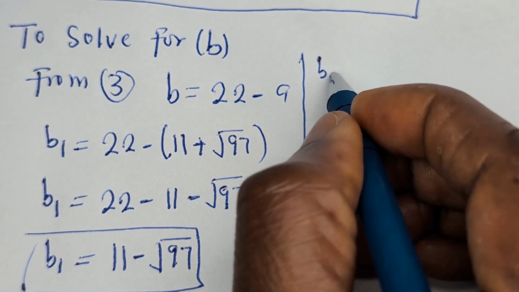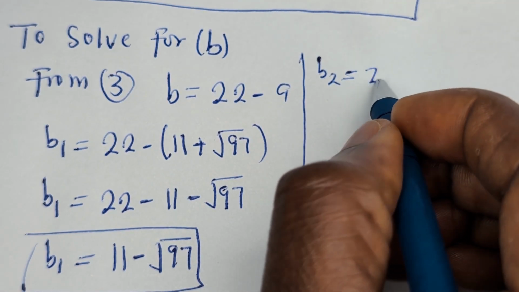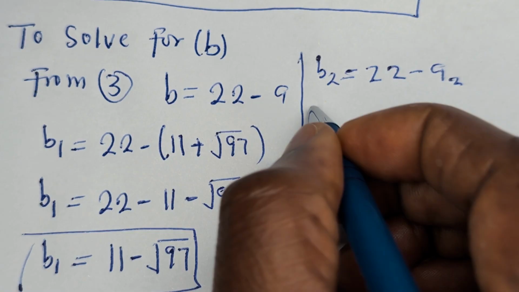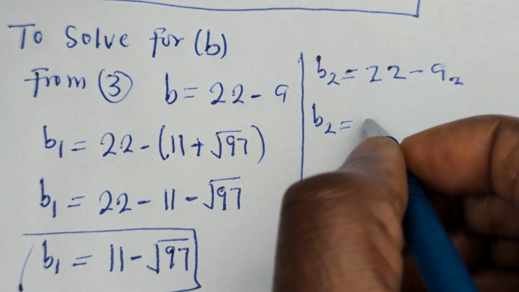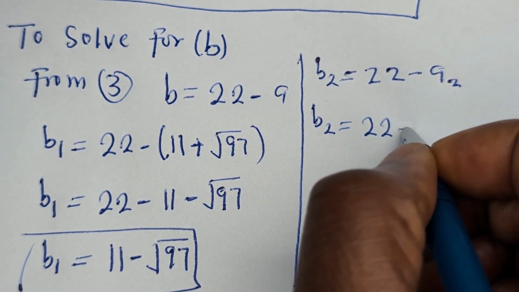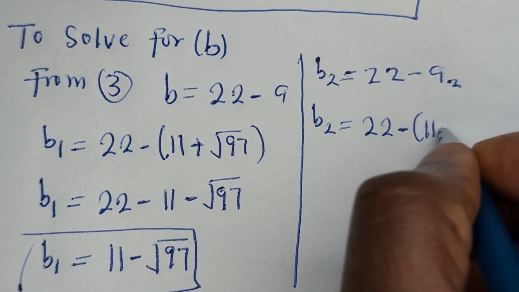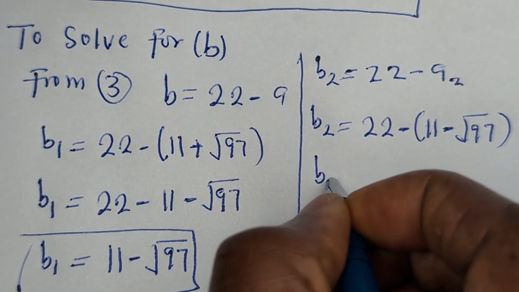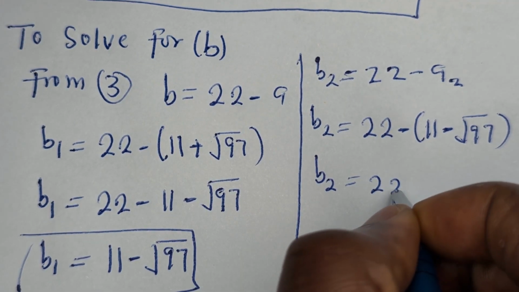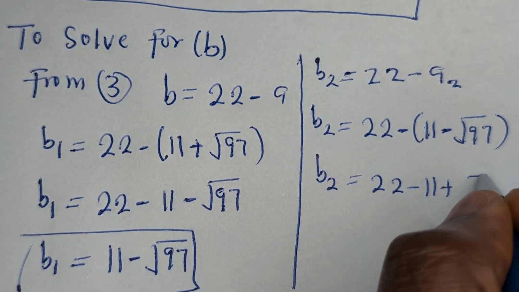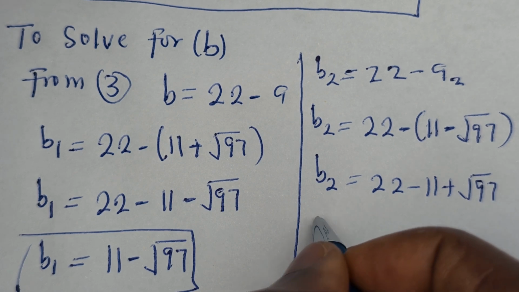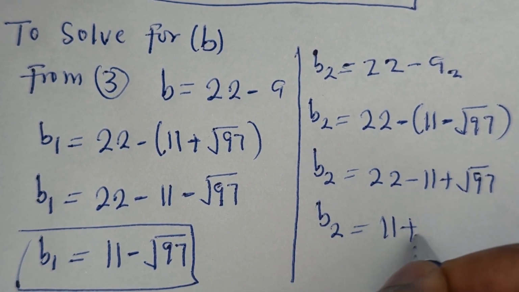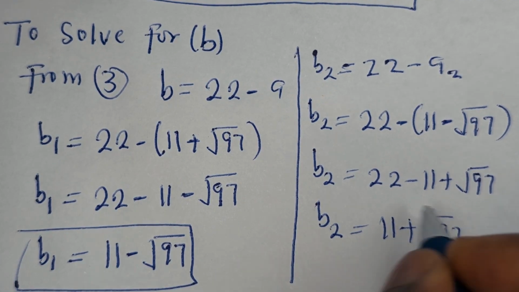Then b2 is equal to 22 minus a2. b2 is equal to 22 minus a2, which is 22 minus bracket 11 minus square root of 97. b2 is equal to 22 minus 11 plus square root of 97. b2 is equal to 11 plus square root of 97.